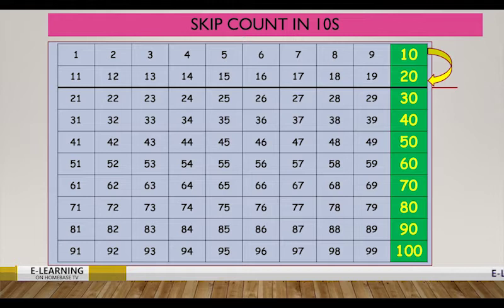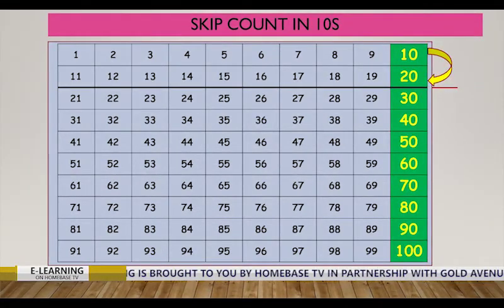We then skip 91 to 99 to get our final number, 100. On our screens, we can see our numbers skip counting in tens. Hope we can all see them on our screens.